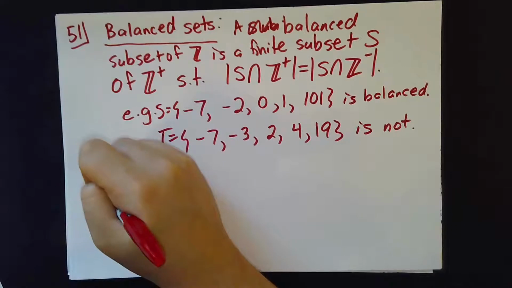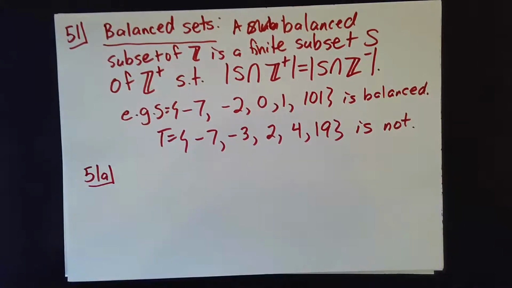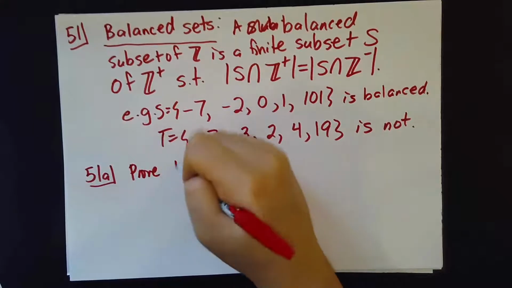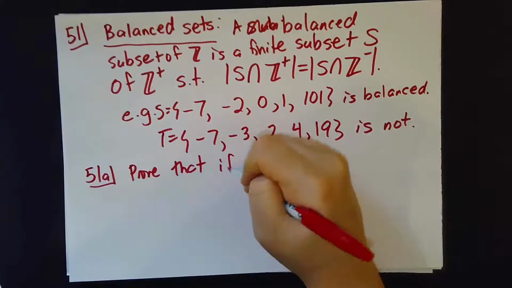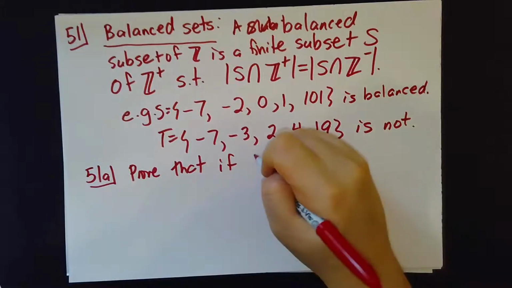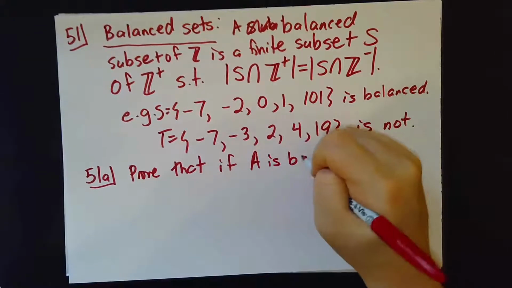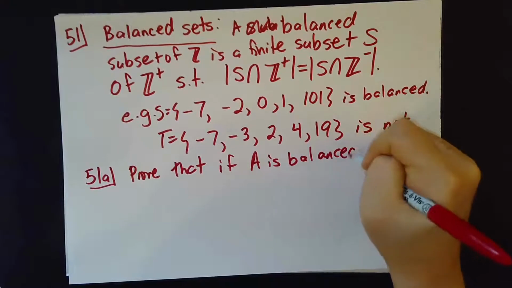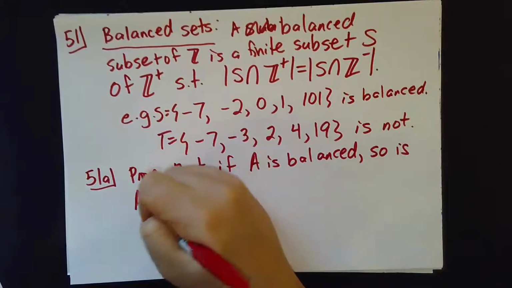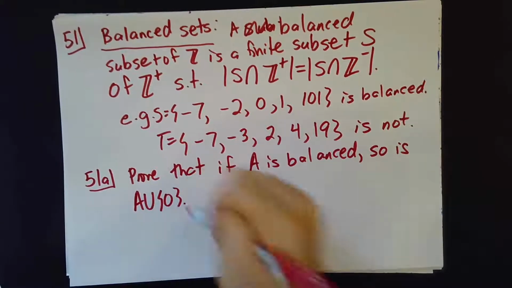Okay, and so the question specifically was, can we do 51A, which is prove that if A is balanced, so is A union {0}.